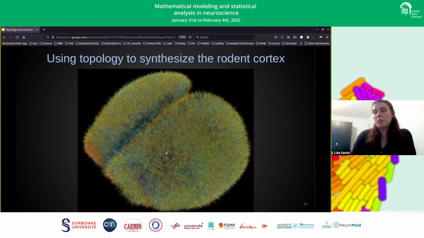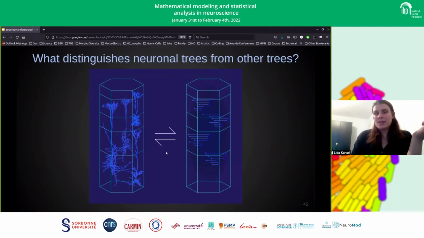And even more impressively, now we can have the first brain region which is completely generated artificially. And this is the rodent neocortex. So I'll pass on to Kathryn, who's going to talk more about the mathematics behind what you've seen so far.